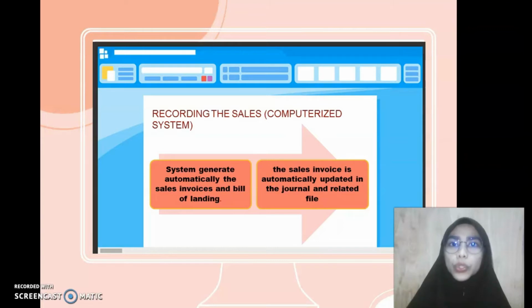General control is the overall information processing environment, and application control is the processing of the individual transaction.